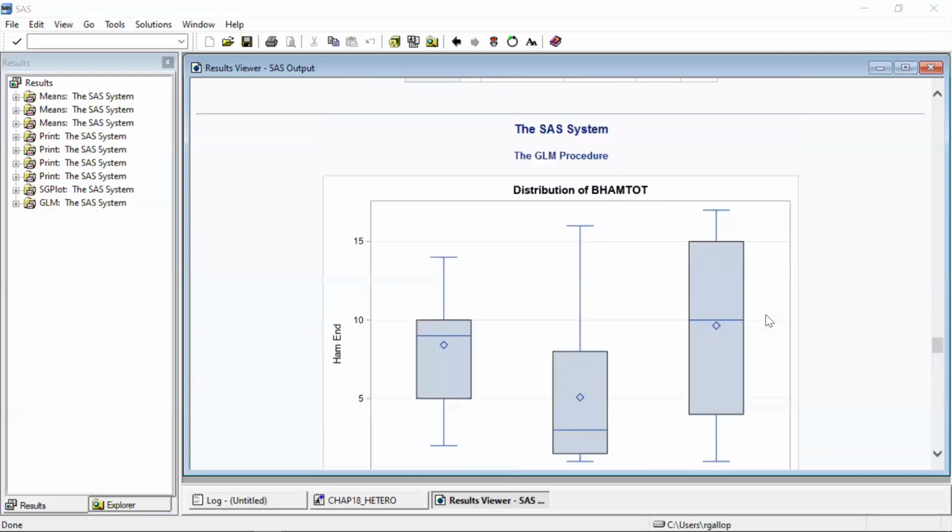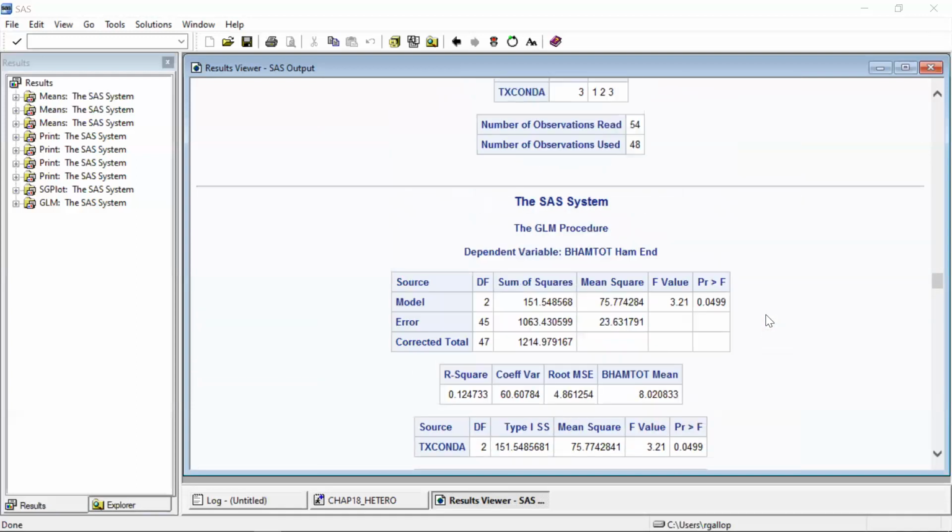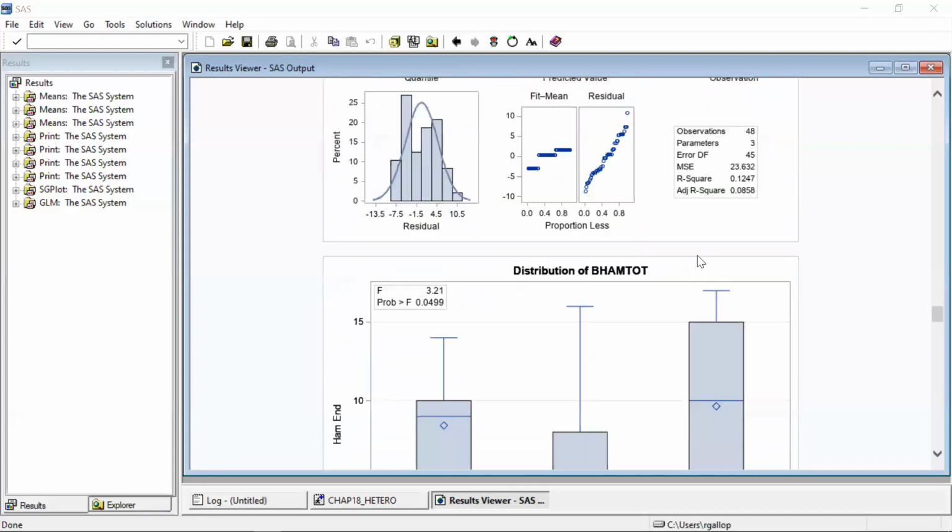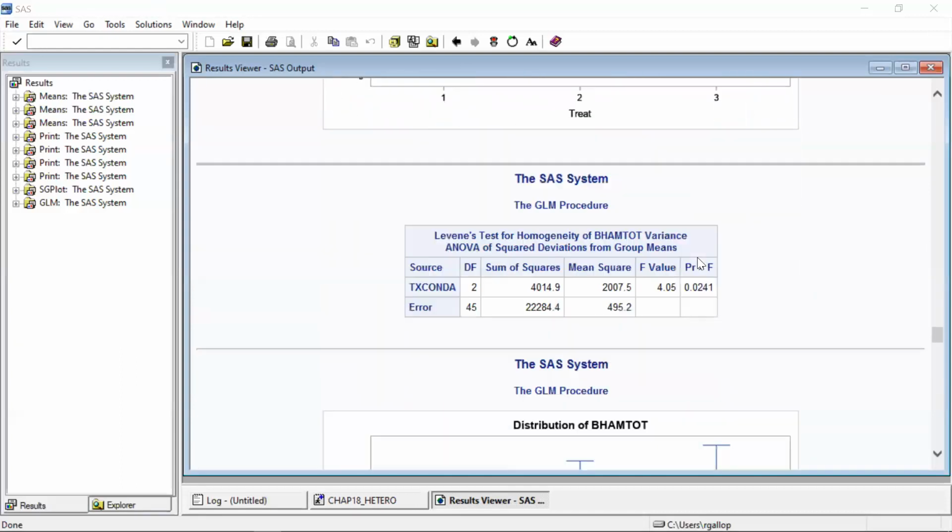But now, if you guys were paying attention when I jumped, there's the visuals, but here's the Levene's test. Based on the available data, we have sufficient evidence to indicate that the variance across the 3 treatments is not the same. We have a violation of homogeneity of variance. So any inference based on this output is wrong.